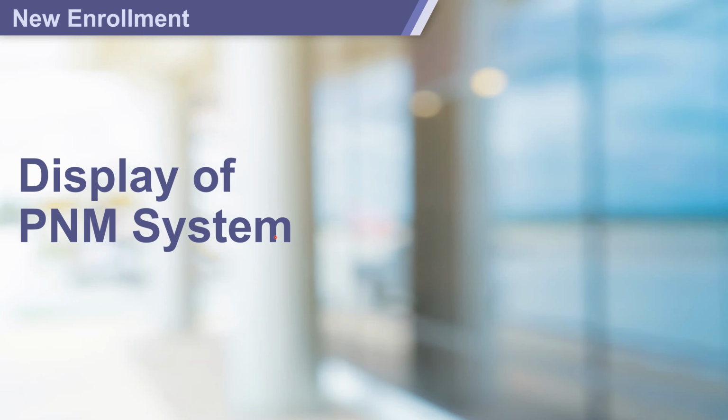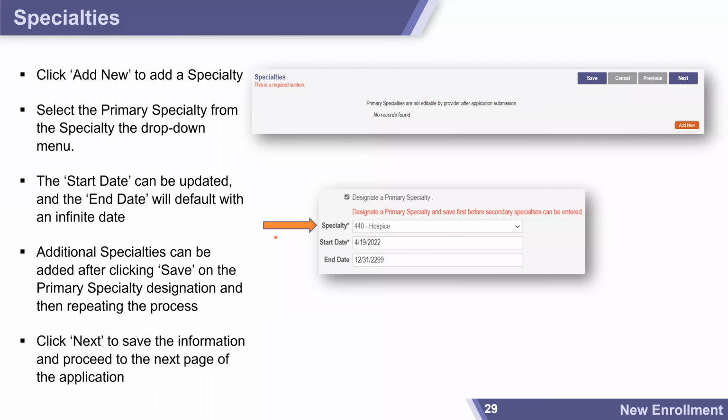Next thing we want to look at after you've input all of the address information is going to be specialties. That's going to be the next section that P&M is going to advance your application to. Of course, this is a required section. What you'll do is you'll hit add new, and then in the drop down, you'll choose the specialty.